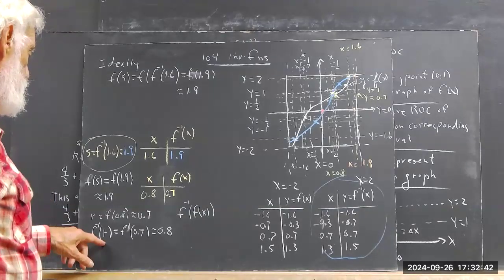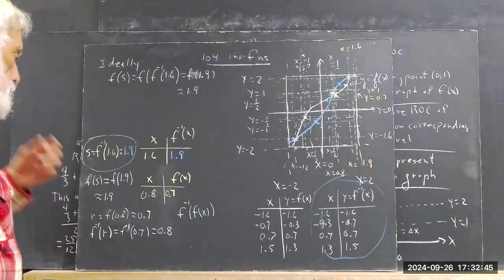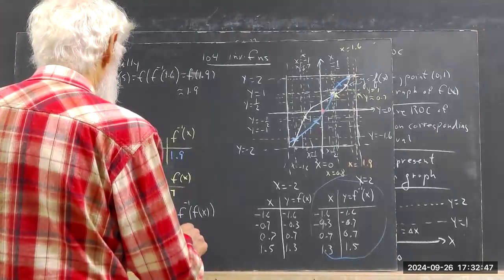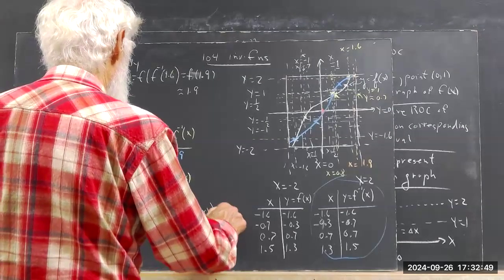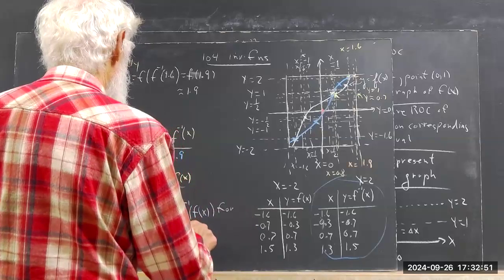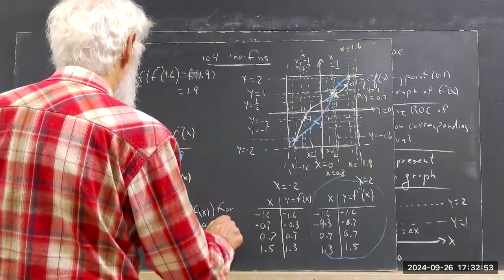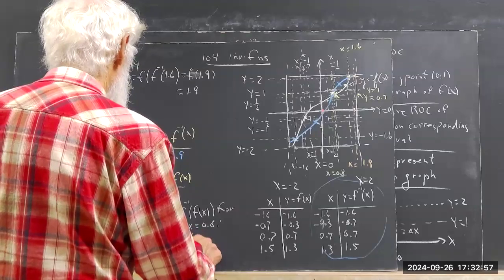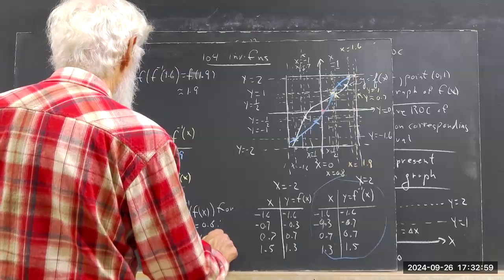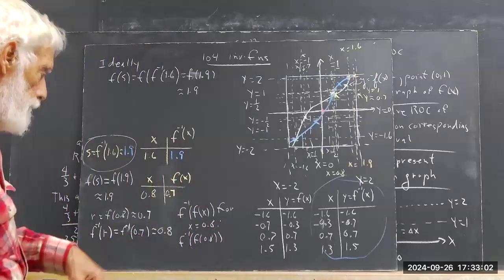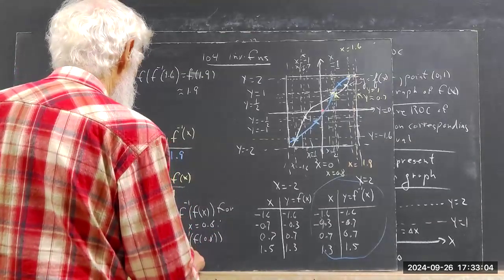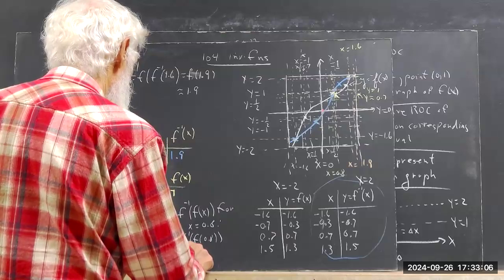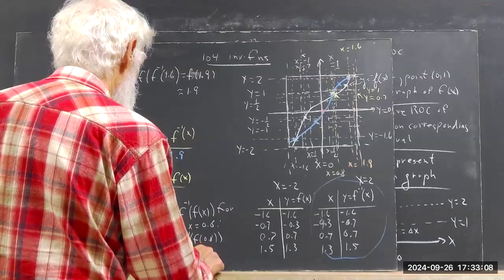This is f inverse of r, and r is f of 0.8. So graph f of 0.8 is 0.7.